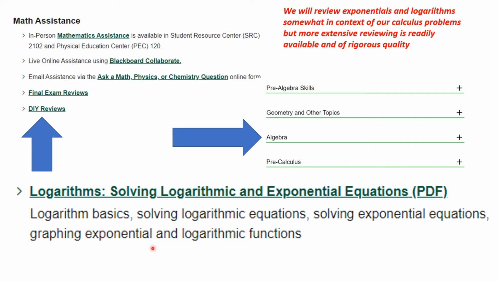This will take you to a section called logarithm solving, logarithmic and exponential equations. It includes logarithm basics, solving logarithm equations, solving exponential equations, and graphing exponential and logarithm functions. This is an excellent review that's available as you need it. They have screened YouTube videos, example problems, and solved problems with complete solutions. Again, very well done if you need it.